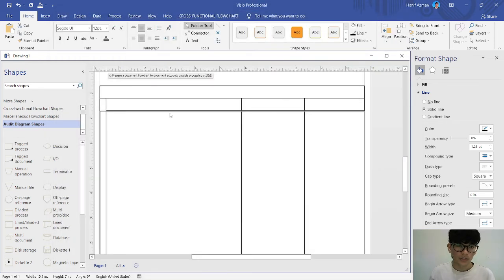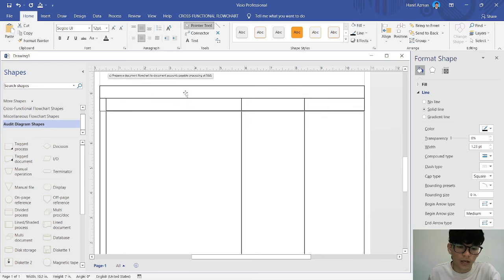And for the last question, we use a cross-functional flowchart. So the last question C is prepare a document flowchart to document account payable processing at SNS. What is a document flowchart? So document flowchart is illustrate the flow of document and data among area of responsibility within an organization.